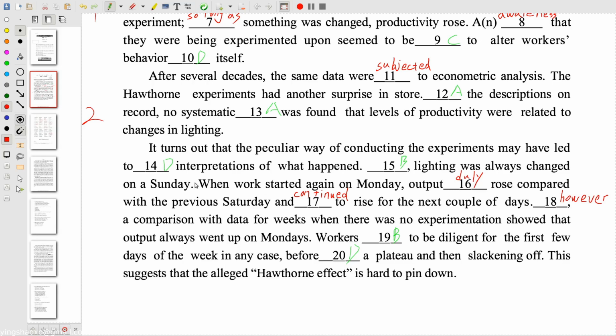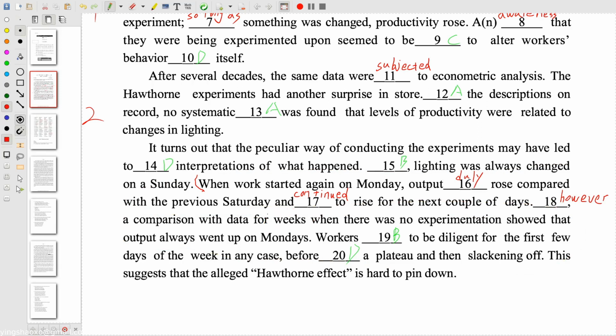So at the end of this article, the last paragraph, it says that for one week, the light changing would seem to affect the workers, but over a long time, if you collect the data for weeks, you would see that it has nothing to do with that.